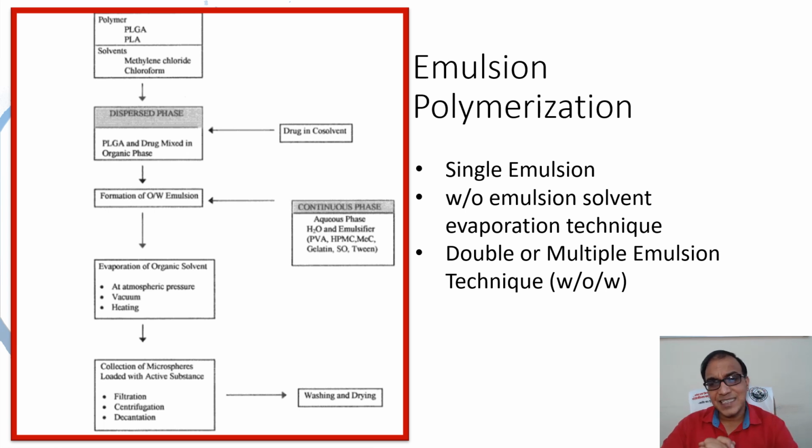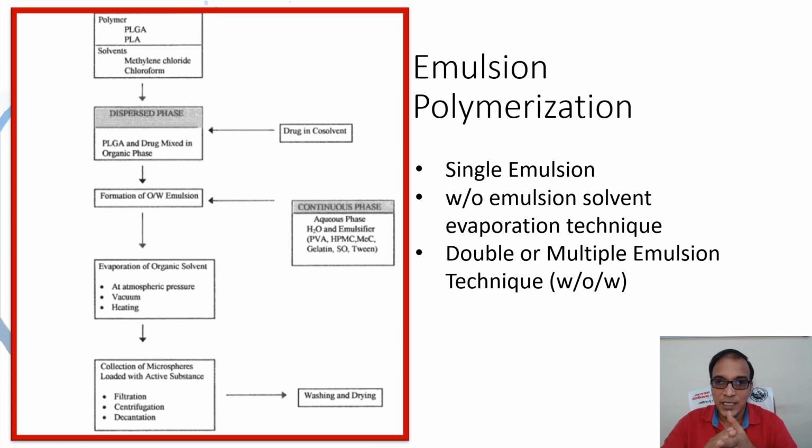Now let's see emulsion polymerization. Single emulsion, the oil in water emulsion solvent evaporation technique, and double or multiple emulsion technique may also be adopted. As you can see in this flow chart, for the polymer you can take PLGA or PLA in a solvent, methylene chloride or chloroform.